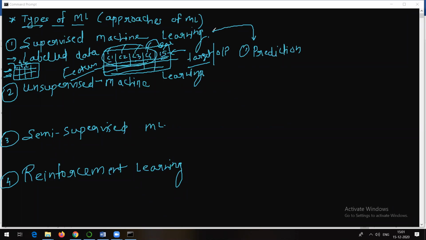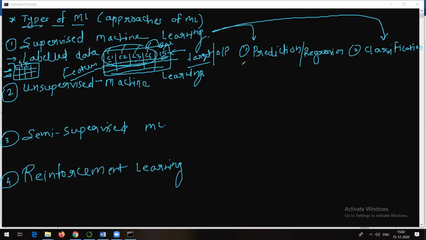Prediction problems are also called regression problems. Suppose you want to predict the stock market price, you can make use of the supervised machine learning approach. I am also telling you the applications, try to understand. Another type of problem you can solve with supervised machine learning is classification problems.